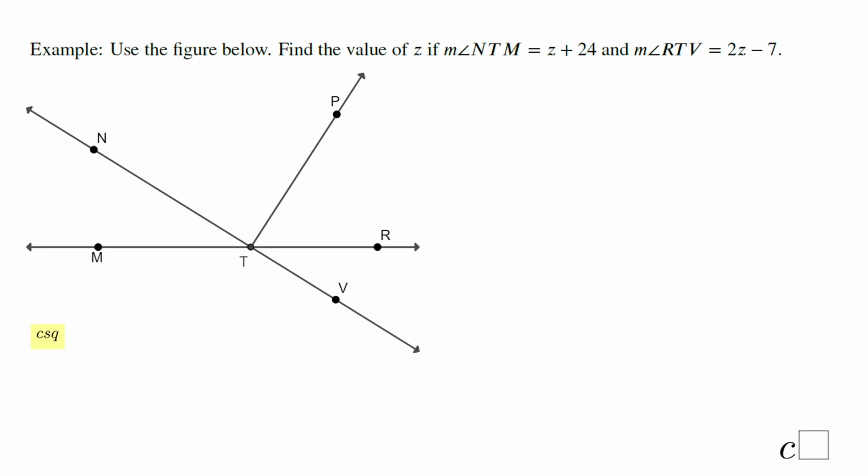And the third problem, that looks so similar to the other, same picture. However, you'll see, the approach is gonna be different. So again, be very careful. So in this problem, we have, use the figure below, find the value of z if the measure of angle NTM is z plus 24 and the measure of angle RTV is 2z minus 7.